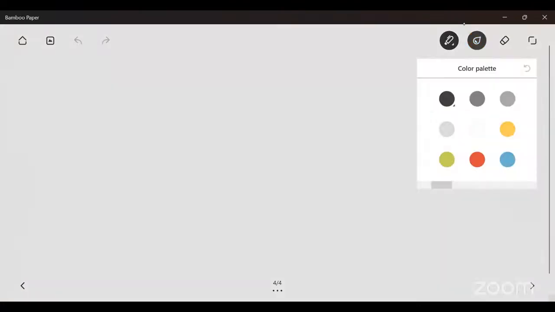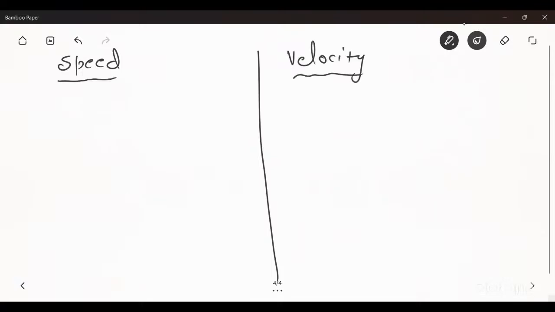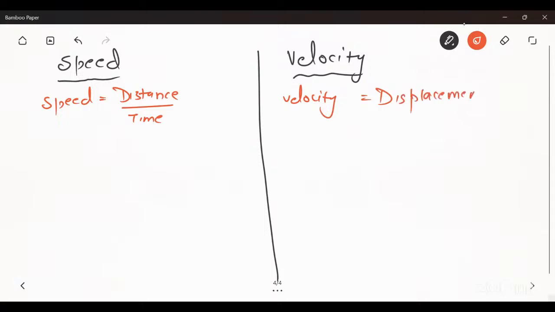Now next is speed and velocity. Speed is defined as distance upon time, and velocity is defined as displacement upon time.